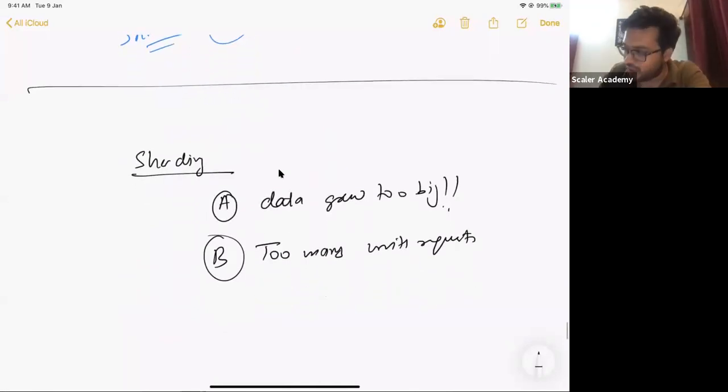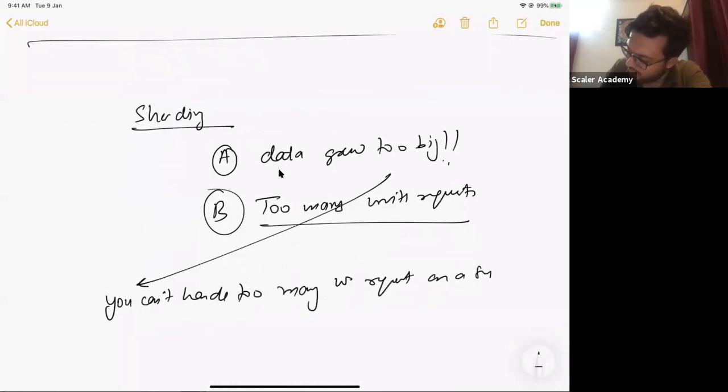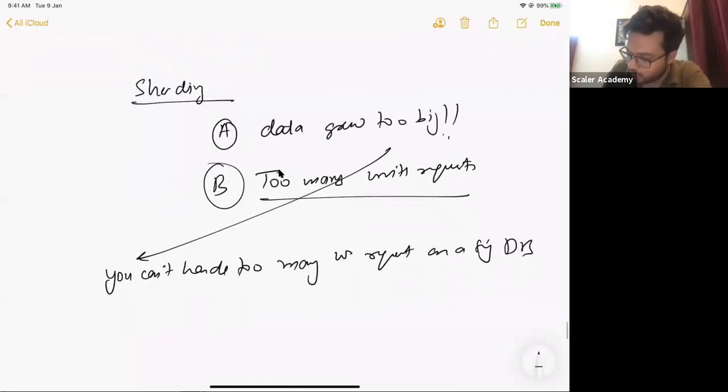Now, why can't you handle too many write requests in a single DB? You can't handle too many write requests on a single DB because, point one, it would be limited by bandwidth.